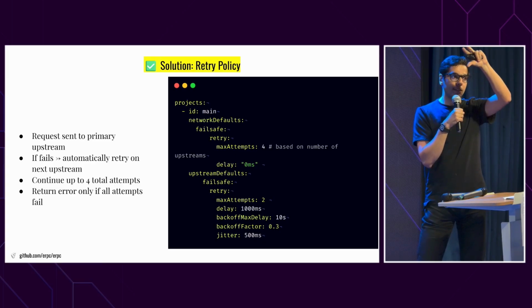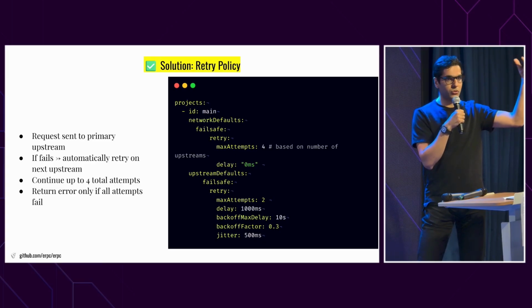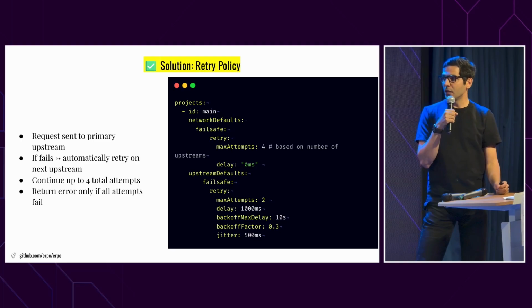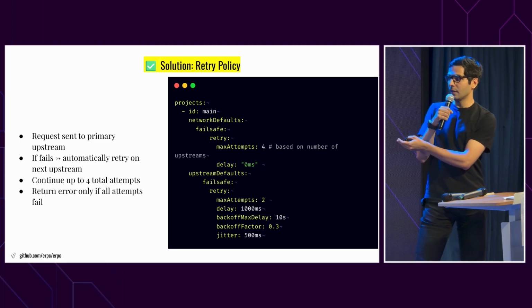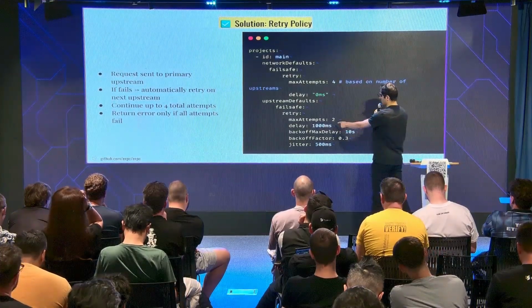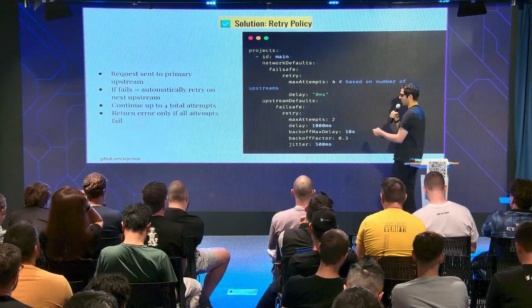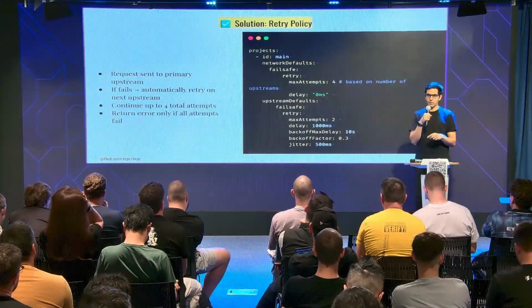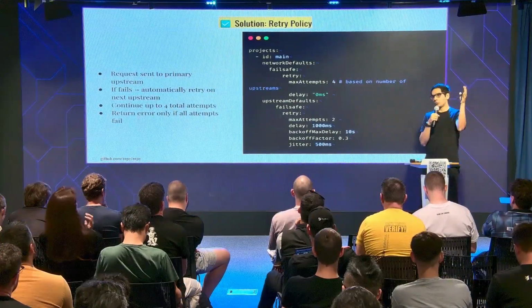And then you have the network level, which is Arbitrum, Base, and Mainnet. The request comes, it fails on the upstream level, and you can configure how many times you want to retry it. For example, here we retry it 2 times with some sort of delay config and jitter. If it also fails, then at the network level we retry up to 4 times.